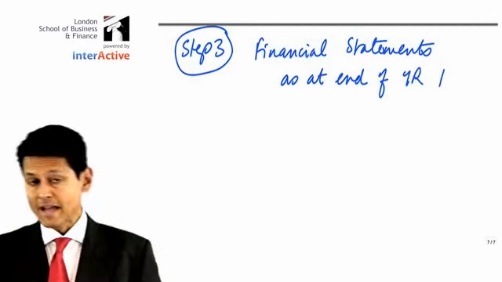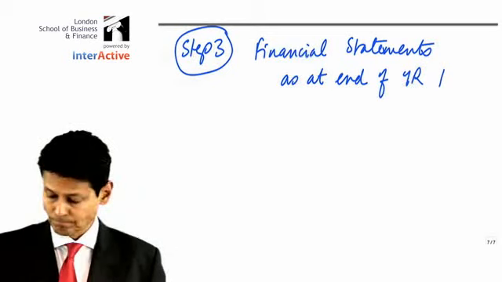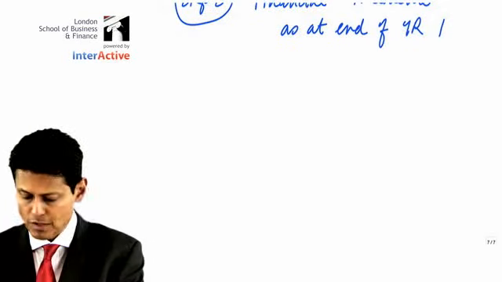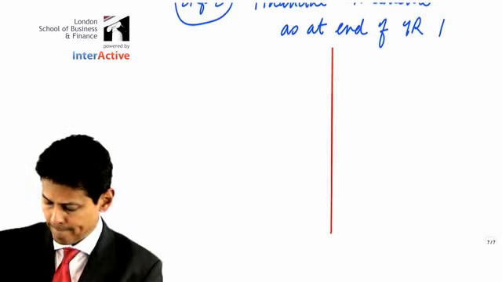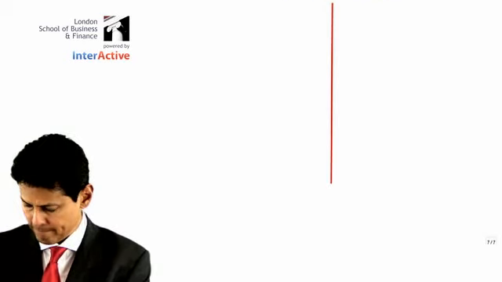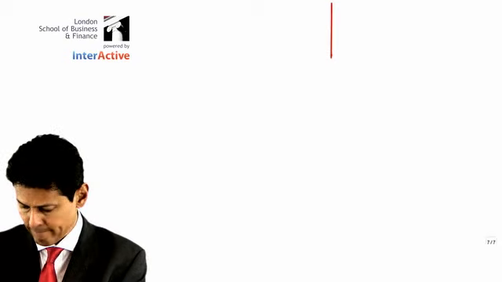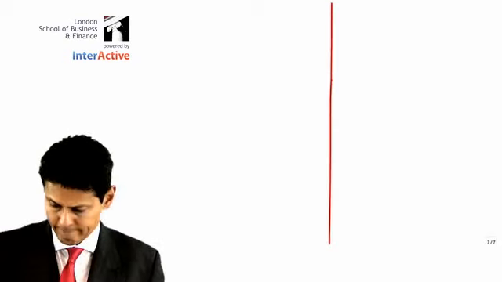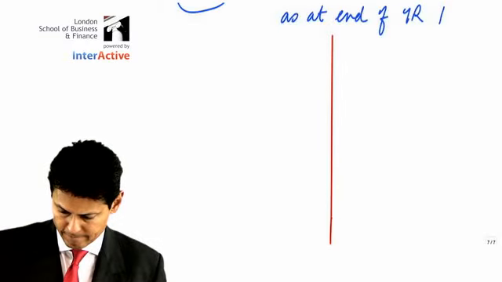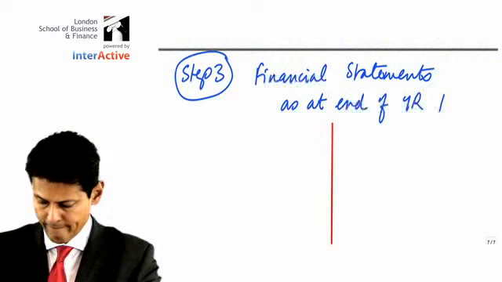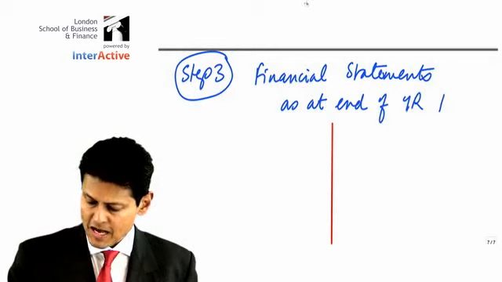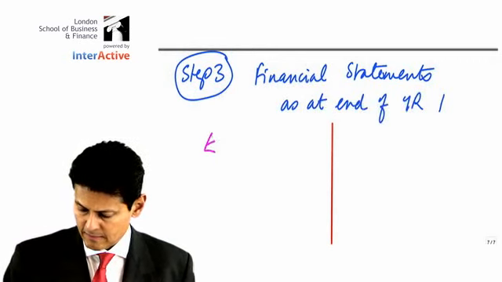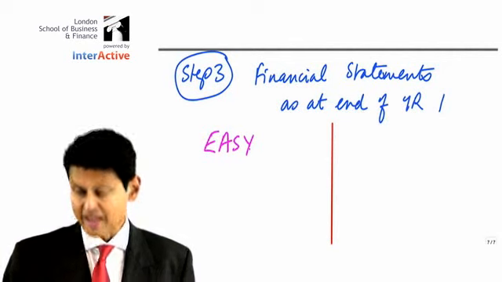Now, as we did on the previous session, I'm going to divide my page up into 2 halves. And on the left-hand side, I might use the word easy, which it definitely is.